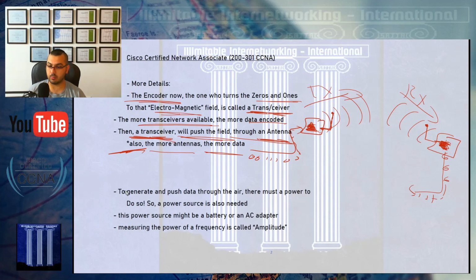Also, before we end this video, to finish this slide and the 6.1 subject: to generate and push data through the air, there must be power.